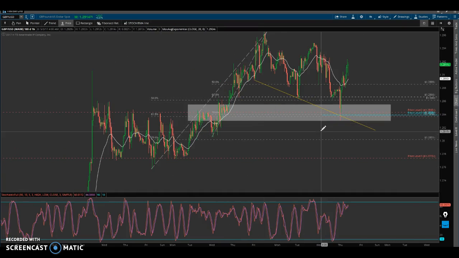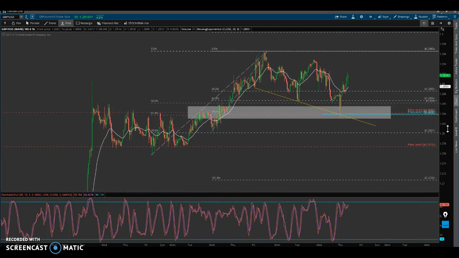Stop wise, obviously the reason why I'm getting into this trade right here is number one, the confluence, and number two, I expected buyers to reemerge in the market at this level of confluence.